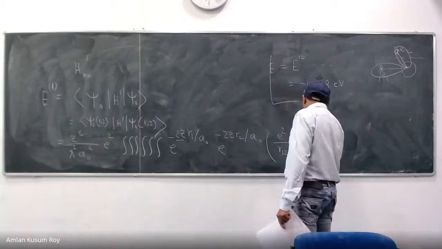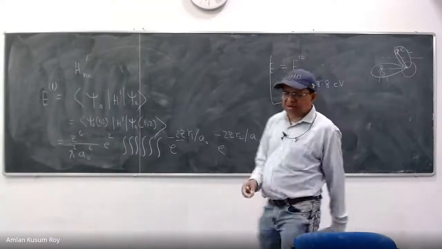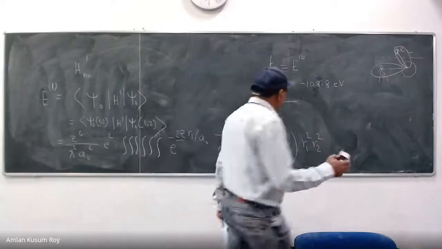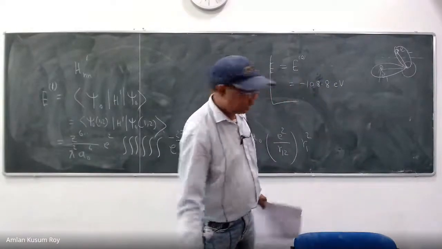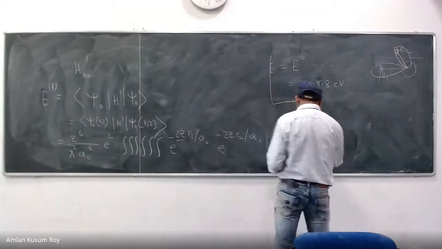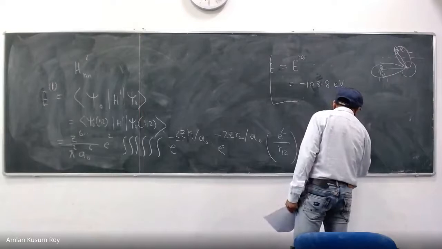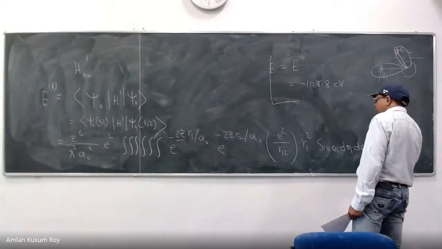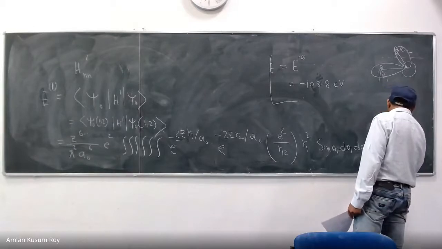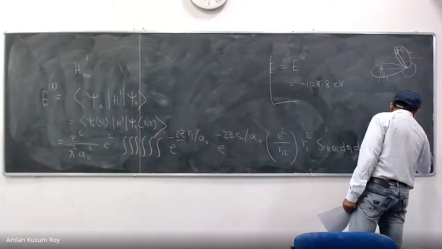So r1 square sine theta 1 d theta 1 d phi 1, and r2 square sine theta 2 d theta 2 d phi 2.